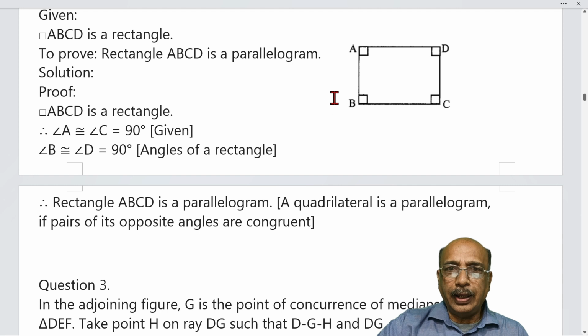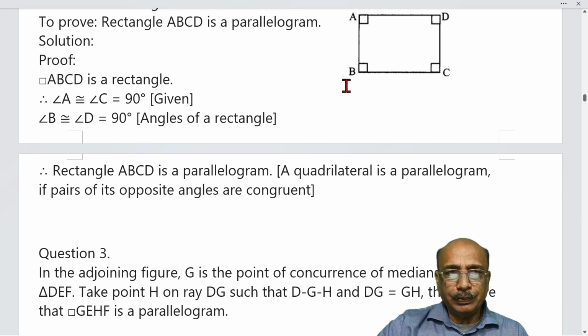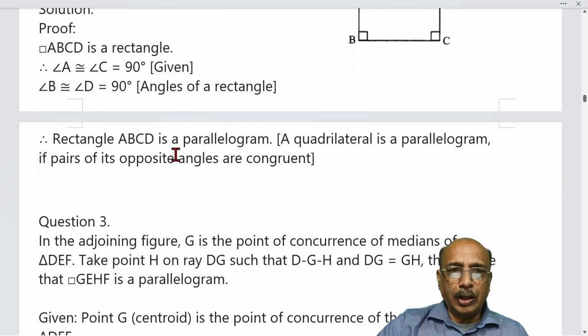Therefore, angle A is congruent to angle C, equal to 90 degrees. Also, angle B is congruent to angle D, equal to 90 degrees, angles of a rectangle. Therefore, rectangle ABCD is a parallelogram. Reason: a quadrilateral is a parallelogram if pairs of its opposite angles are congruent.